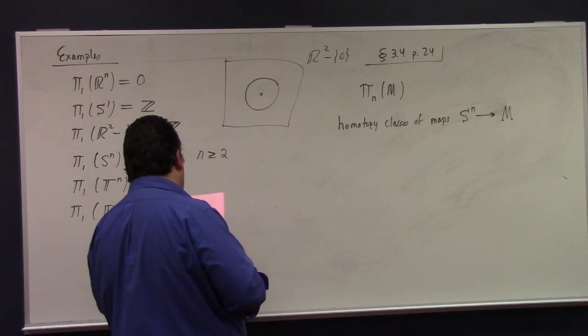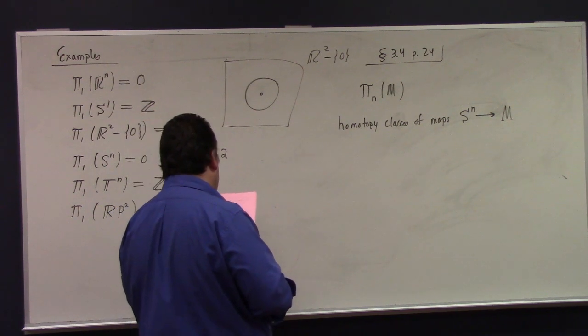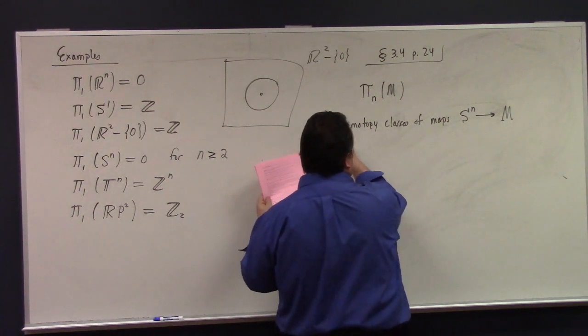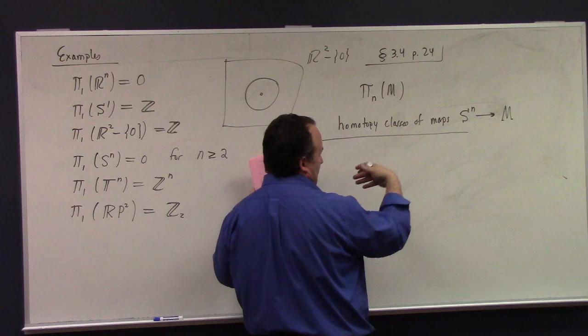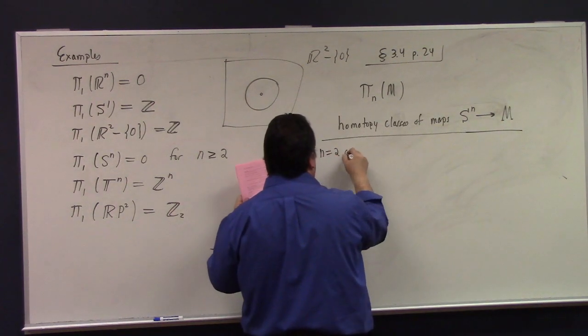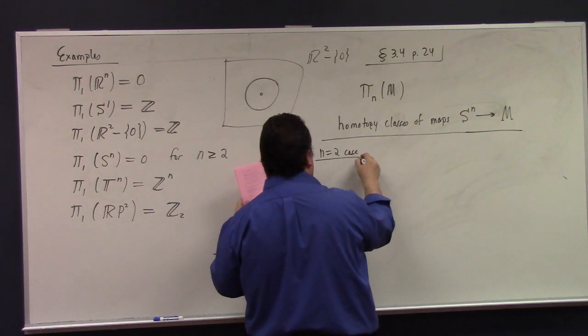endpoints. Similarly, you can study maps from S2 to M. Well, let's see here, he's describing how to do something a little bit easier for n equals 2. Let's look at the n equals 2 case, a simplification.